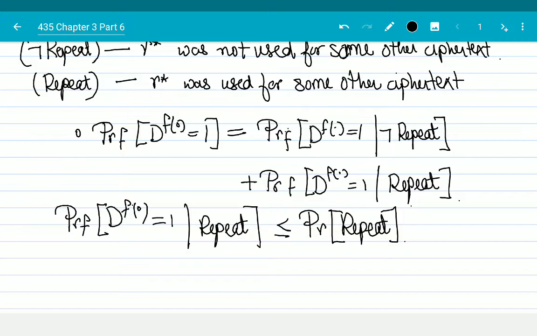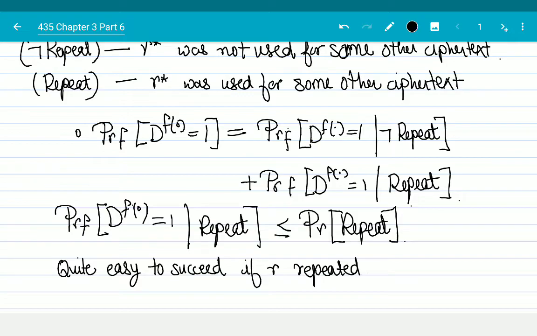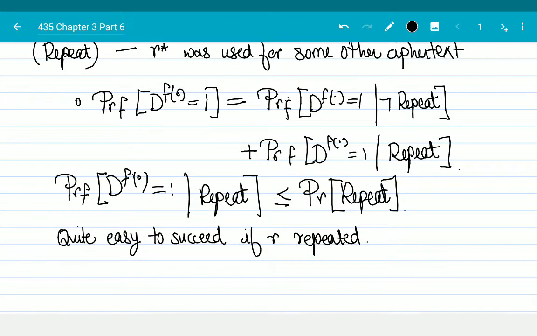So you can more or less say that every time it repeats, my experiment will succeed. I don't need the extra condition that D^F is equal to 1.